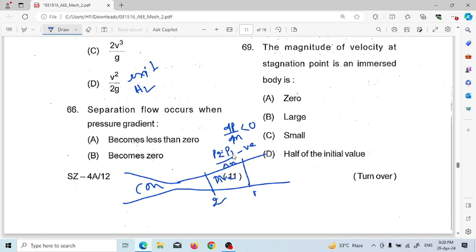P2 minus P1 is negative when P1 is greater than P2. So this pressure is greater than P2, that means flow will flow towards this point. So flow separation occurs. So 66 answer will be less than 0.